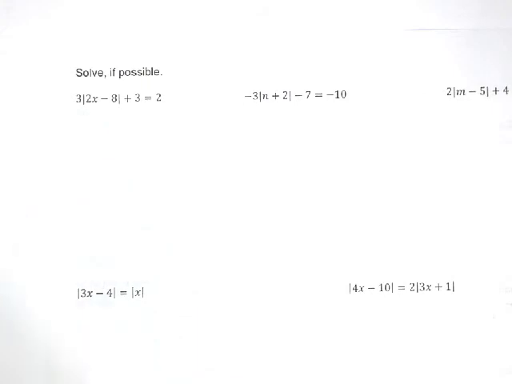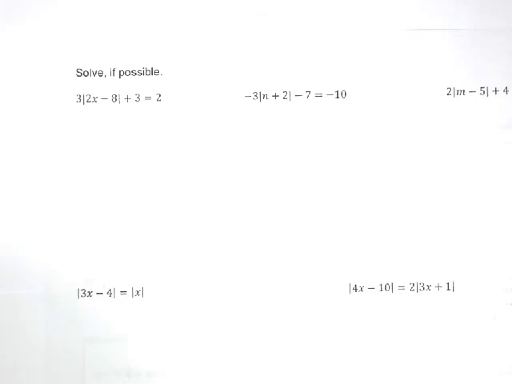In these problems, we can have no solution, we can have two solutions, or we might just have one solution. We're going to go through a couple examples, working through and showing you all the different ones.